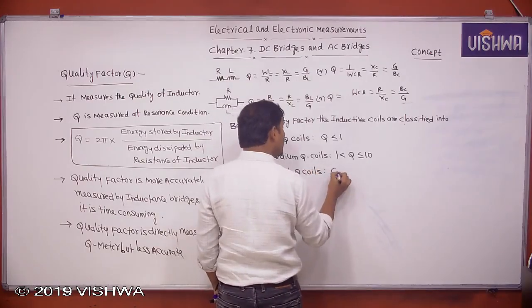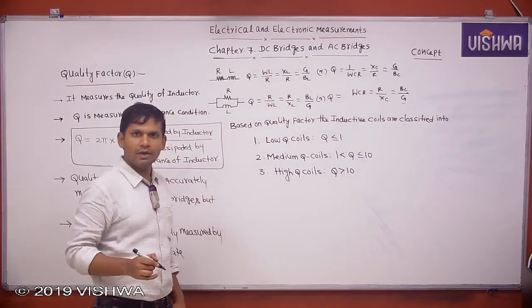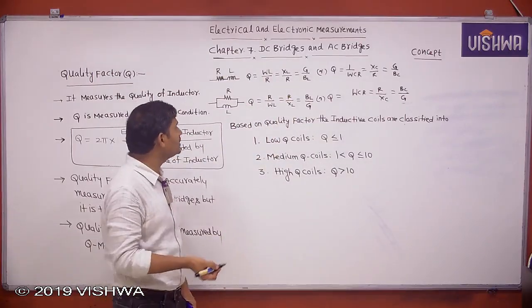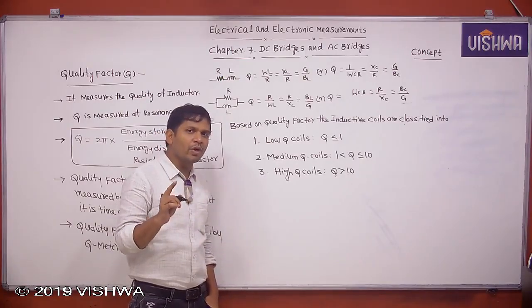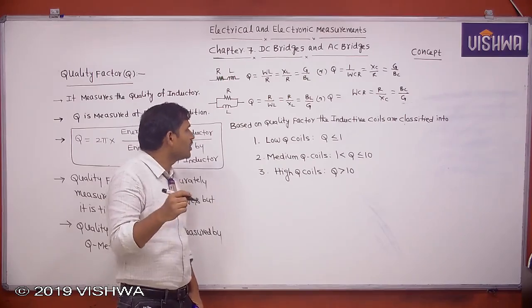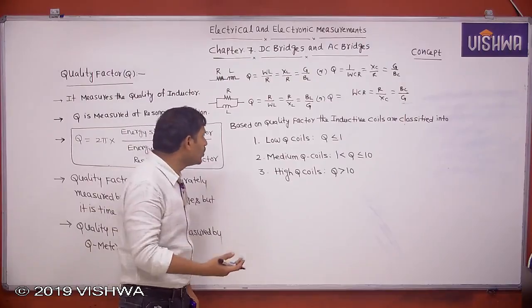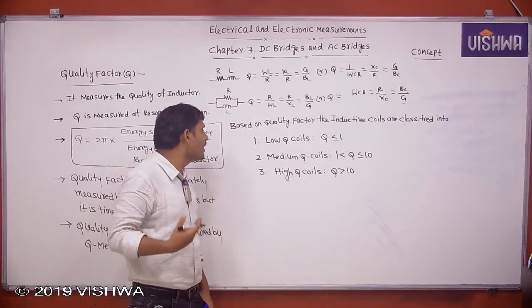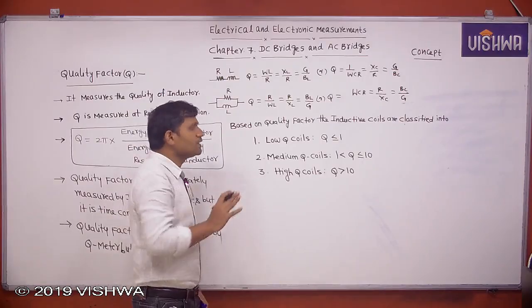If Q is greater than 10, those coils are called high Q coils. This is the classification of inductive coils based on the quality factor. This range is important from the measurement point of view. You'll see which bridge is used for low Q coils, medium Q coils, and high Q coils. Later on I will discuss which inductance bridge is preferable for low Q, medium Q and high Q. But concentrate on the range also.